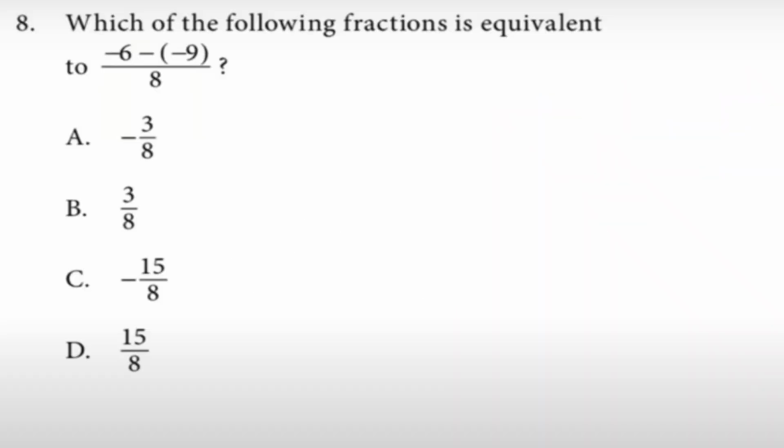In question number 8, it asks us which of the following fractions is equivalent to -6 minus -9 over 8. So when you're adding or subtracting numbers that have different signs, whatever the largest number is of that question, that's what the sign is going to end up being. Before we get into this one, I'm just going to show you what I mean. So if you have -3 plus 4, 4 is the biggest number between these two.